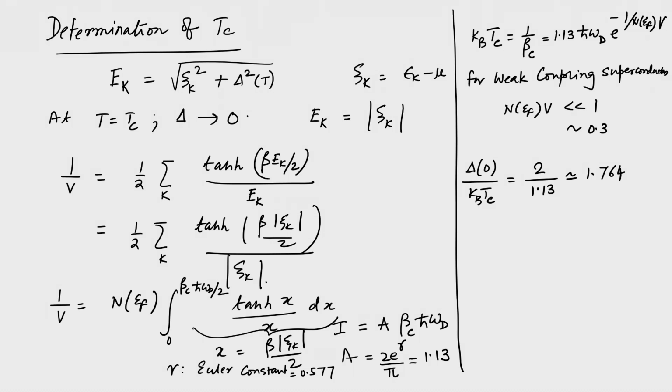And in fact, this is a signature of BCS theory, that 2 delta 0 is about 3.52 kTc. In fact, for most of the superconductors, this value is between 3 to 4.5 kTc. So, that is how the transition temperature is defined with regard to the value of the gap.